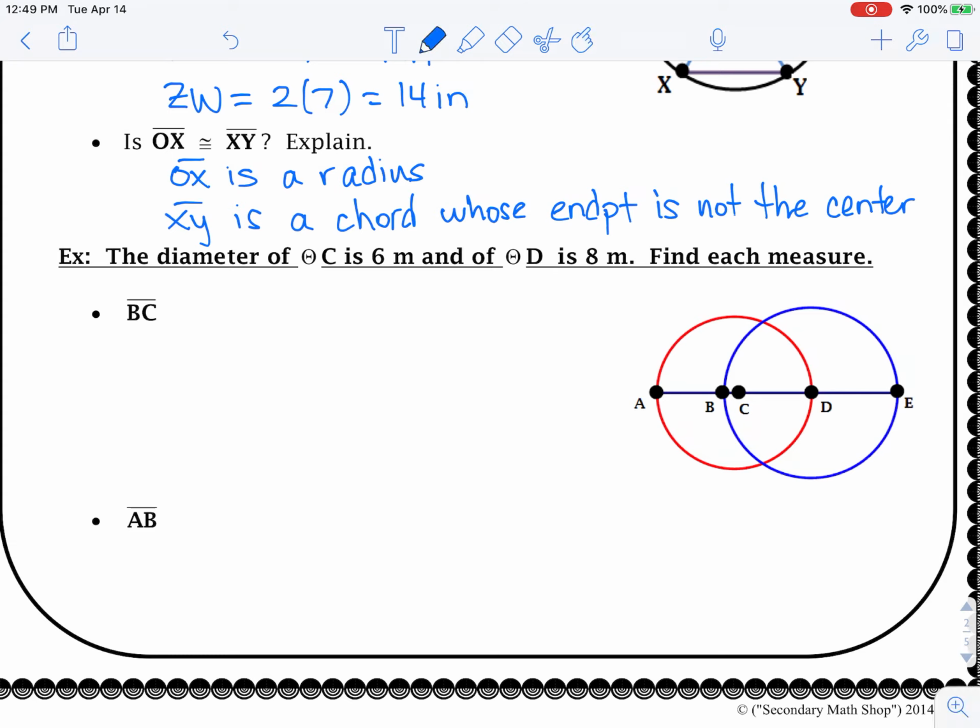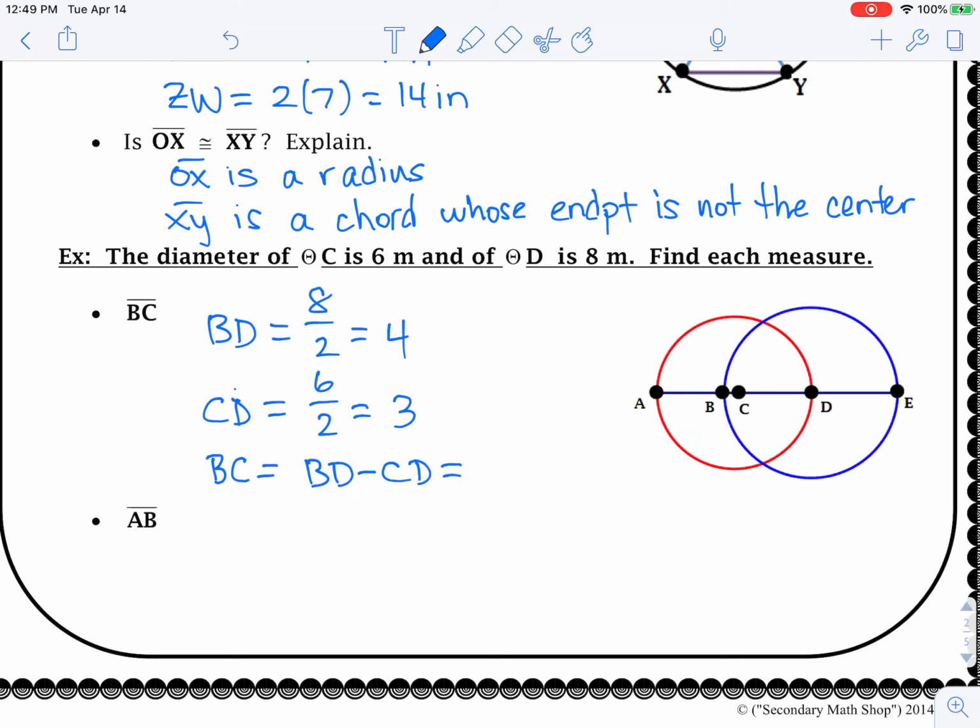First off, I know that BD equals 8 divided by 2, and I know CD equals 6 divided by 2. And BC is going to equal BD minus CD, which is 4 minus 3, which equals 1.